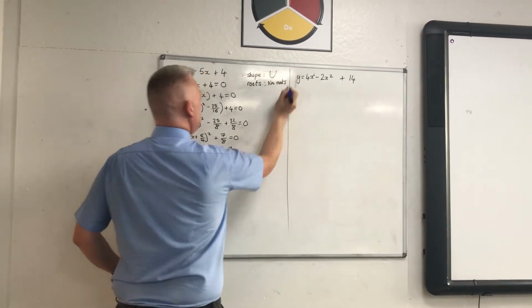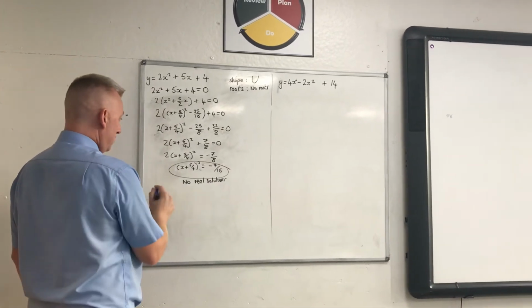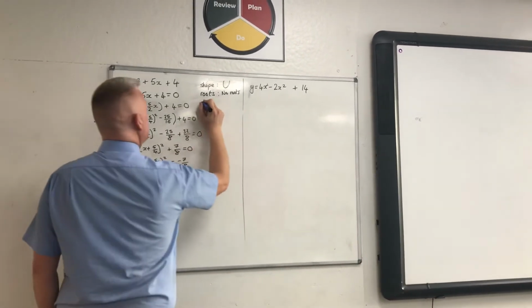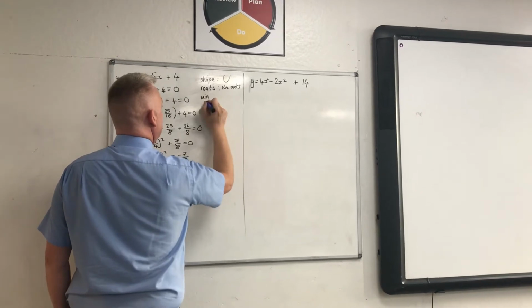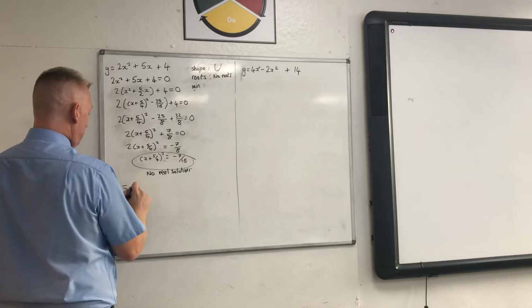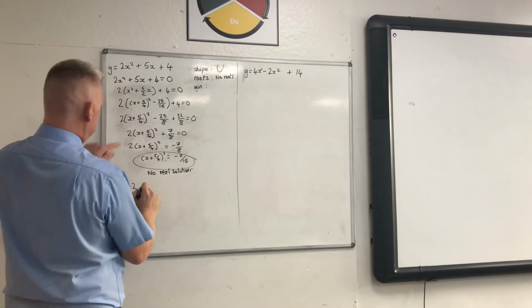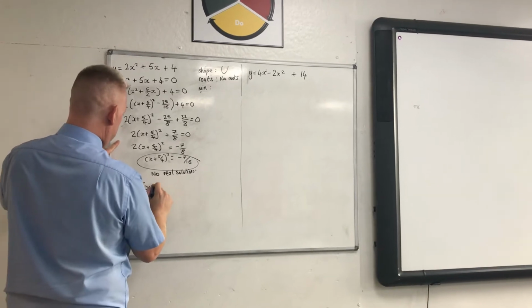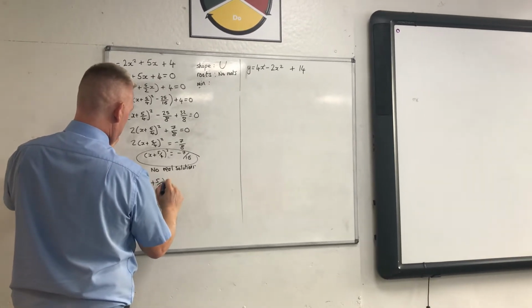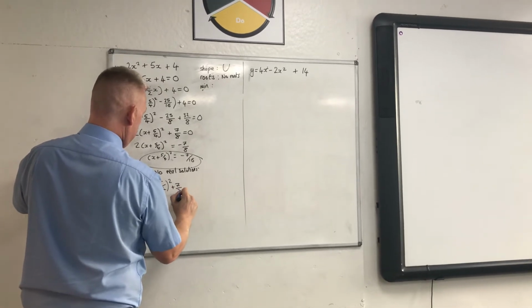It doesn't go through the x-axis. So what's the minimum point? In this case, the turning point is a minimum. Let's have a look at the completed square form. So it's here: 2 lots of x plus 5 over 4 squared plus 7 over 8.